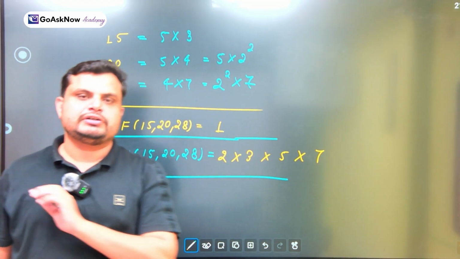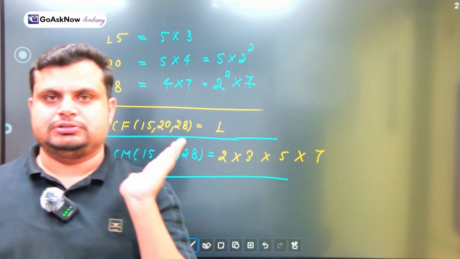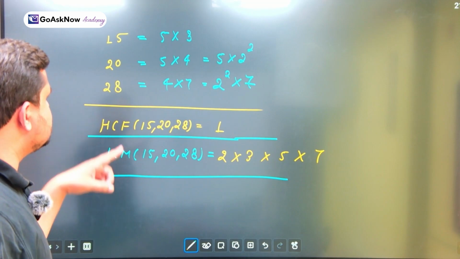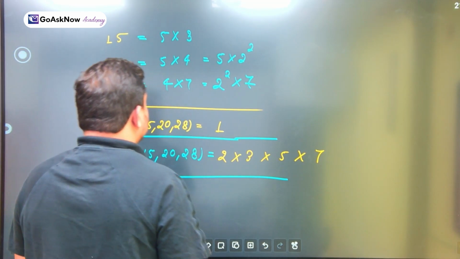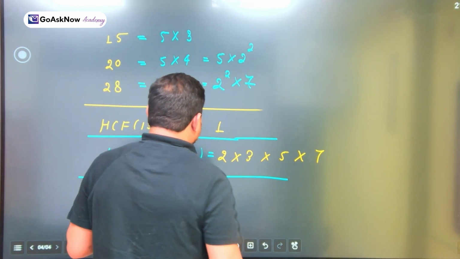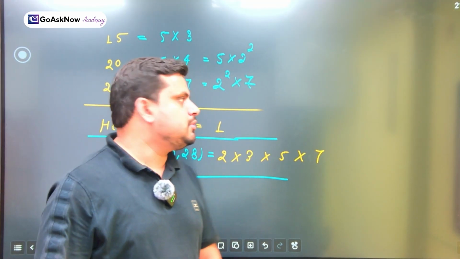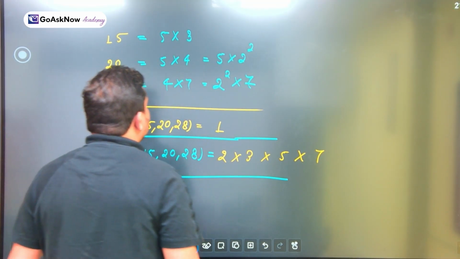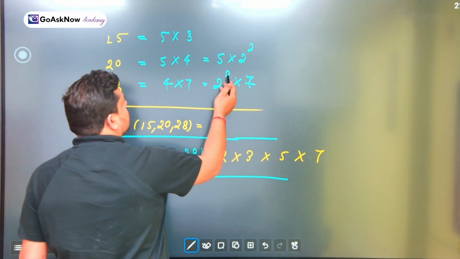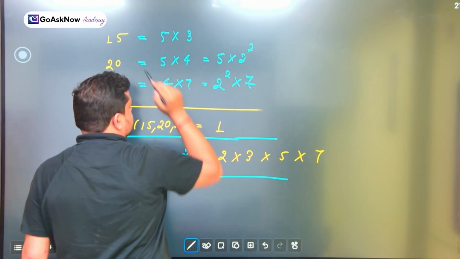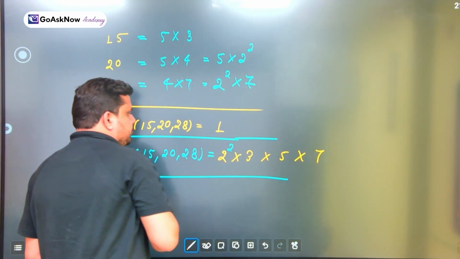Now write down the maximum powers. So what is the maximum power of 2? Here 2 to the power 2, here 2 to the power 2, here 2 is not there. So the maximum power is 2 to the power 2.